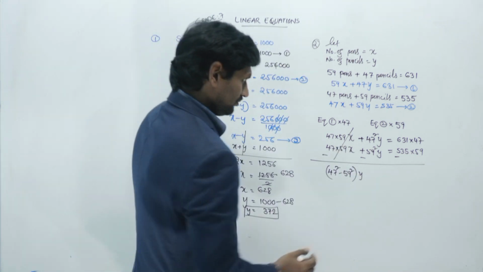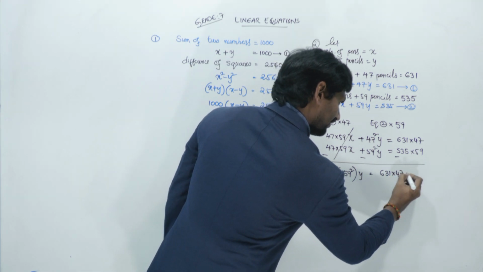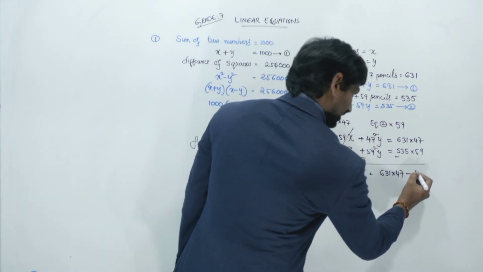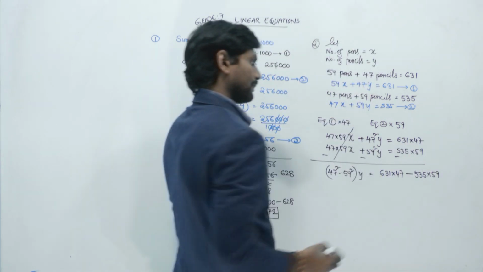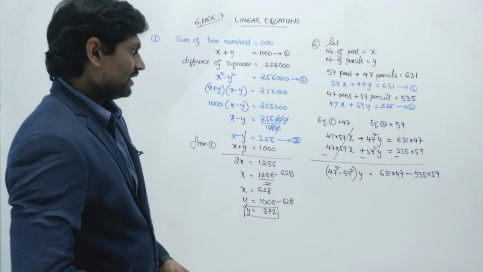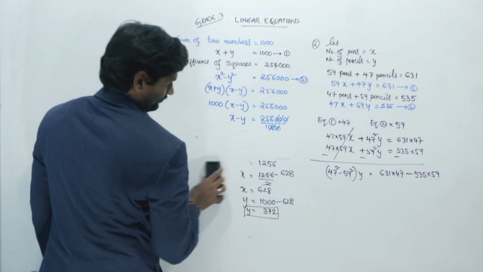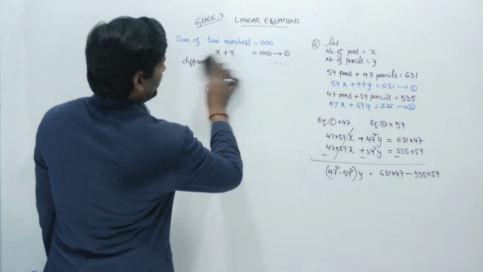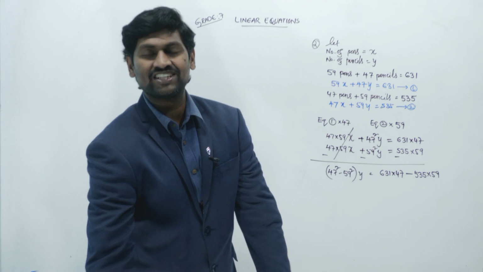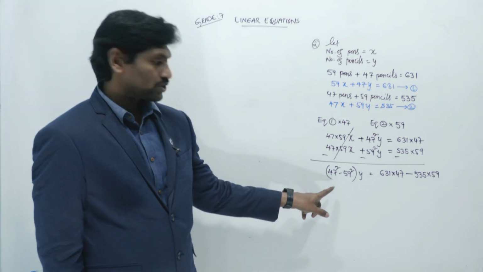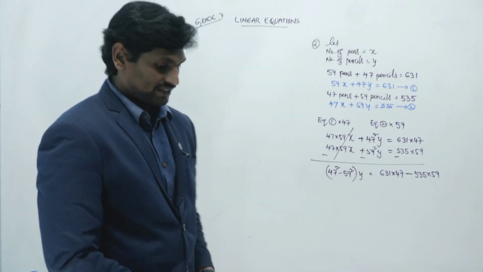Okay? Now here 631 into 47 minus 535 into 59. Now let us try to solve 47 square and 59 square values. 47 square will be 2209.